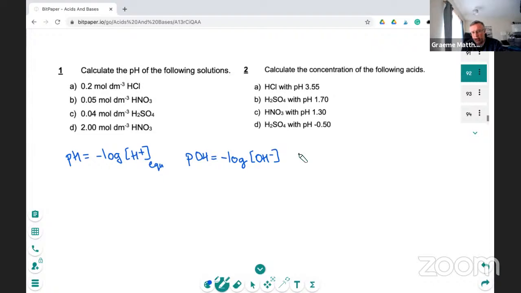And we know that pH plus pOH added together gives you 14. And before we start doing some calculations, we've got Kw equal to the hydrogen ion concentration times the hydroxide ion concentration.